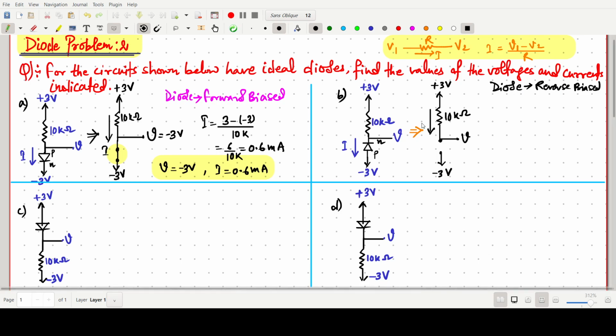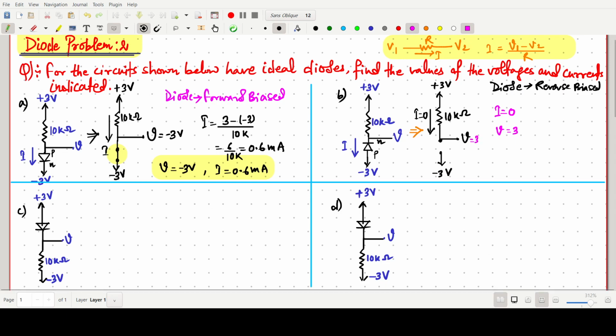So what it means, the current I will be 0. Because there is no path, the current I will be 0. So simply we can write the value of I will be 0 ampere, okay. So now the V should have the same potential, because this one is 3, so 3 minus 3 by 3. This one is having the same potential, current I is 0, so this should be 3 volt.